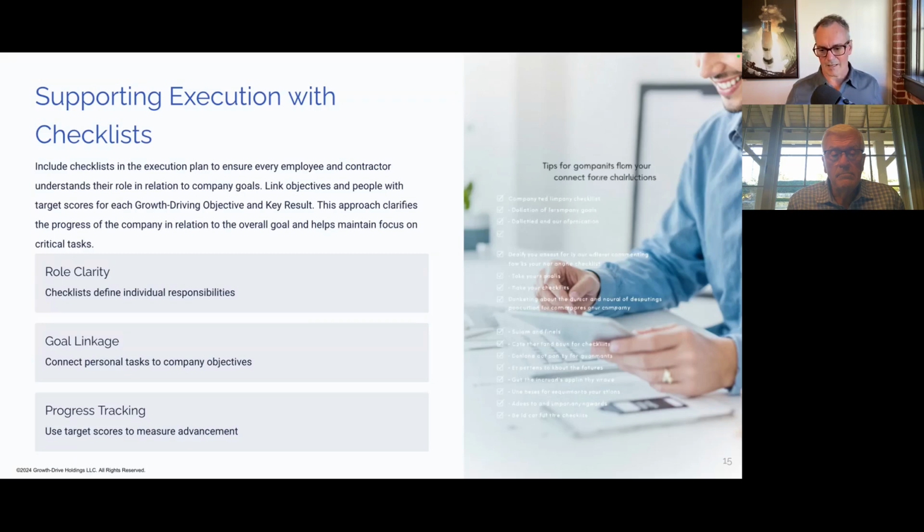Hey, I noticed X. It's on the checklist. Why wasn't it done? I forgot, whatever the reason is. But the checklist meant that we built a $1 million business very, very quickly. And I will credit checklists with getting that business there.